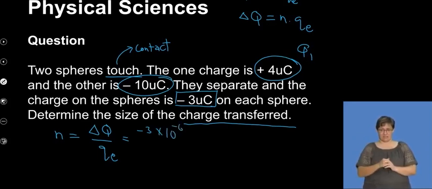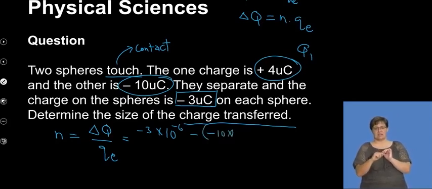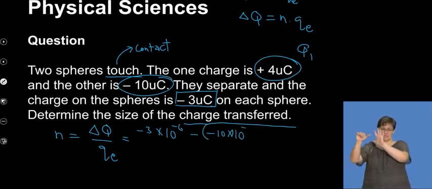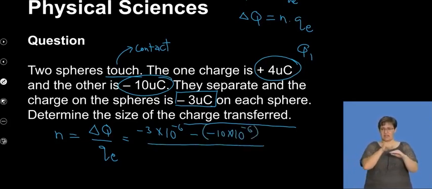This is the final, because change is final minus initial, okay? The initial charge was -10, so it's minus -10 times 10 exponent -6, okay? We divide this by the elementary charge. Because Q2 has got excess electrons, it's the one that loses, so it becomes less negative or more positive.